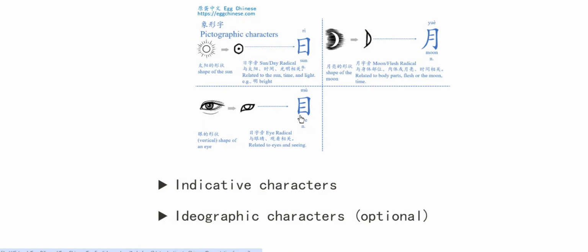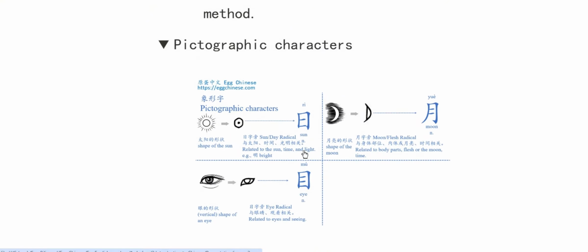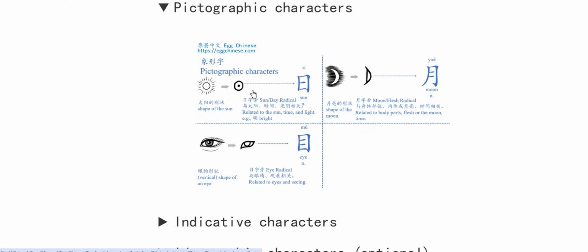So the current character has the same meaning of the eye, but it just makes it a vertical shape of the eye. So this is the horizontal eye. This is just a vertical shape of the eye. So pictographic characters are just the similar shape of the item of its meaning.